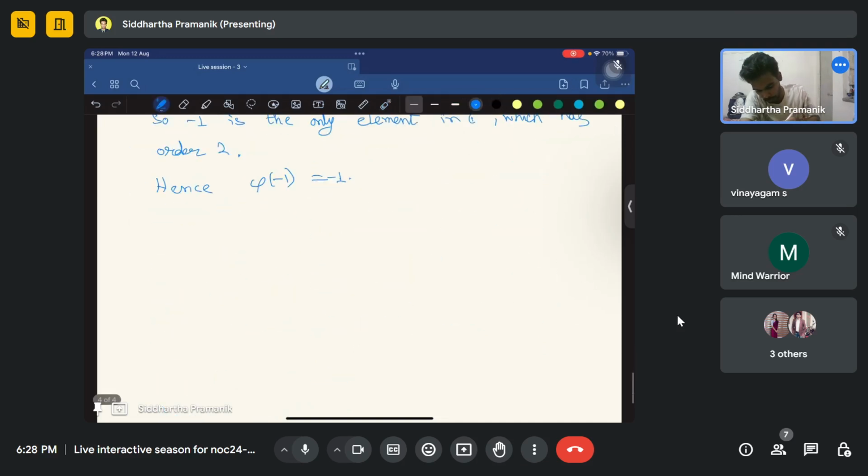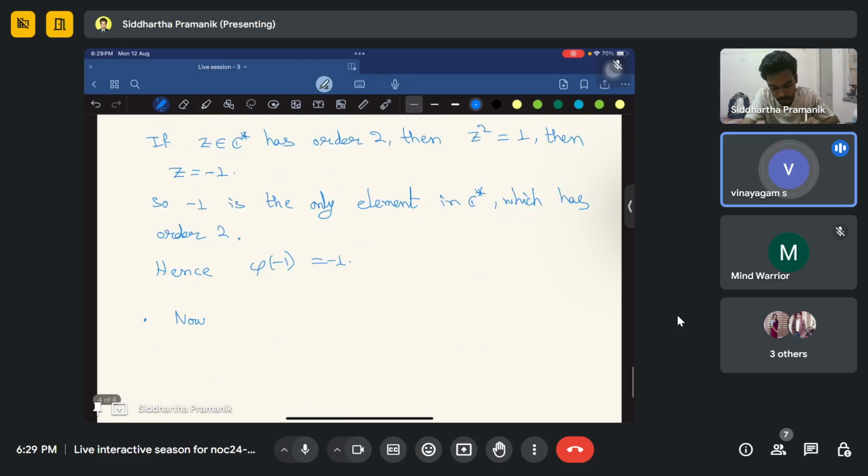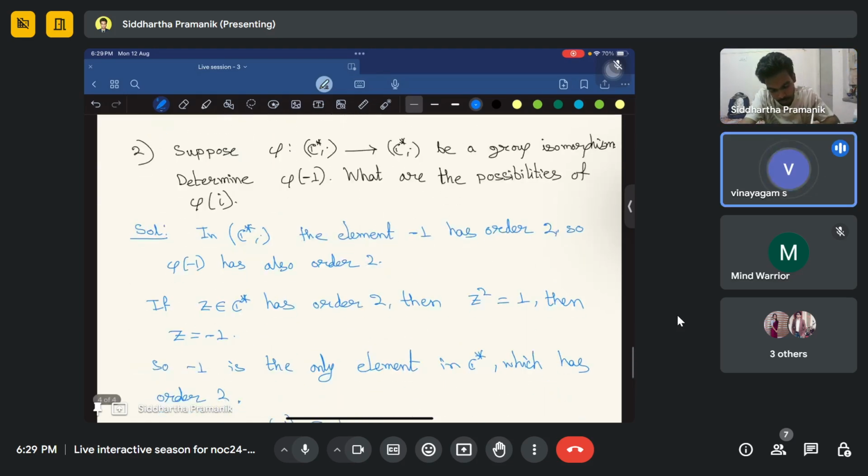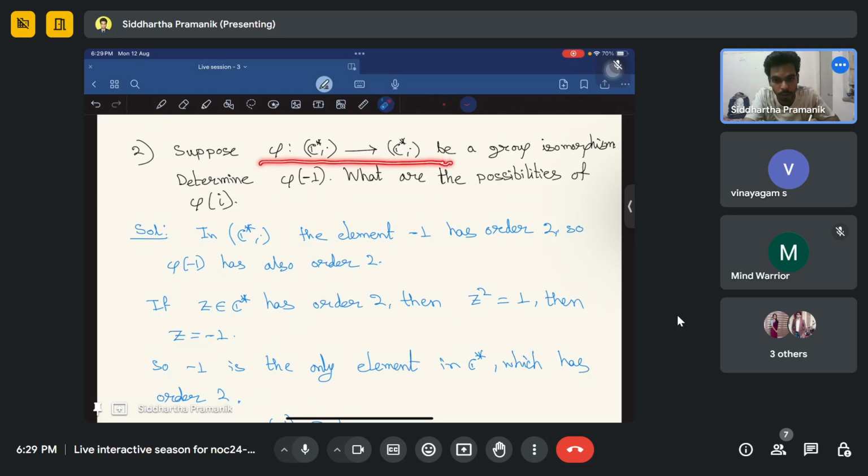Okay. So given phi is a group isomorphism from C star to C star, you need to find what are the possible images of i under phi.